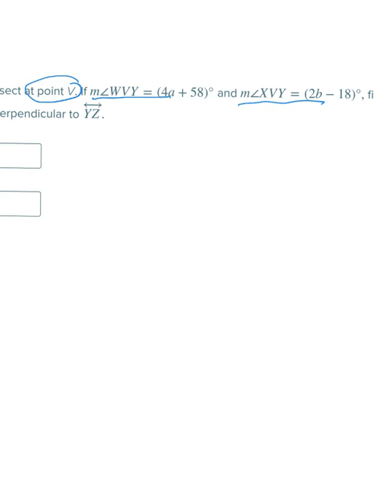But the key word here is that WX is perpendicular to YZ. Now, perpendicular is one of our vocabulary words. And remember, perpendicular lines form right angles.